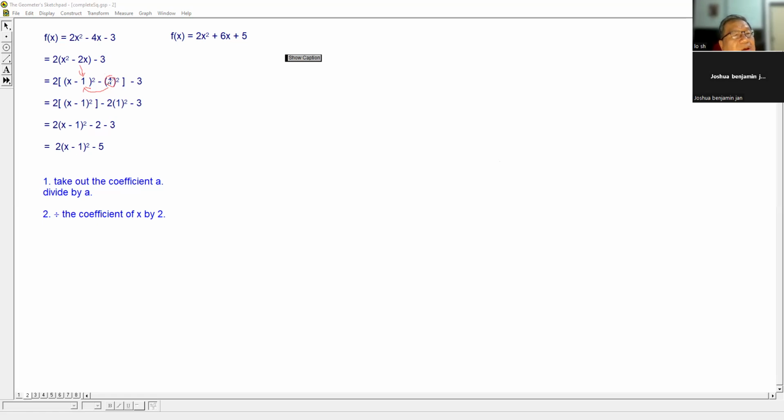Now after getting this step, these 2, you need to multiply inside here. Put it before the square bracket. This number, you multiply here. That is why you see a 2 here and also a 2 here.